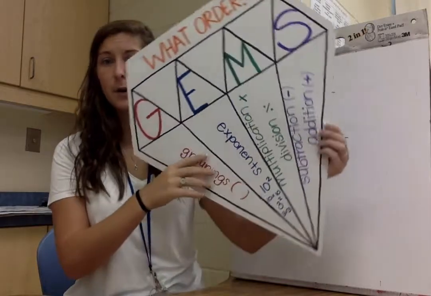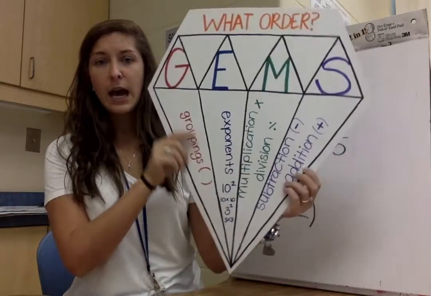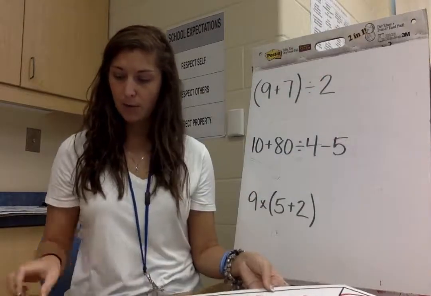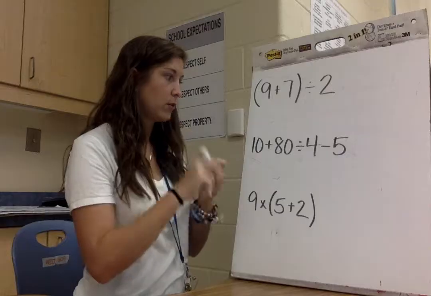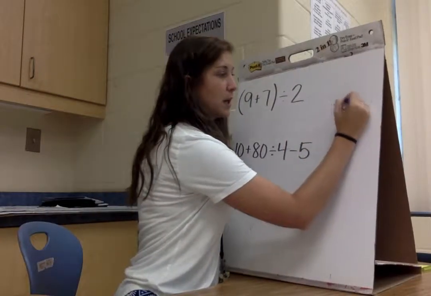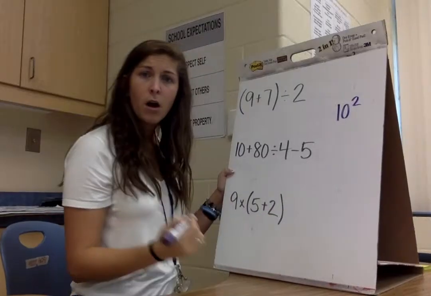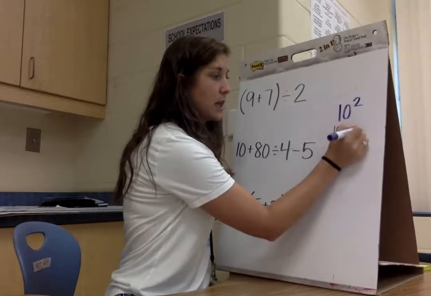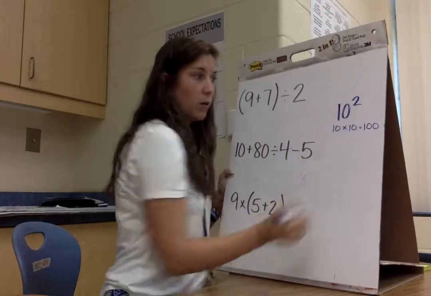E is for your exponents, okay, and I have 2 different exponent operations here that I'm going to write up on my big whiteboard over here just so you can see. Anytime that we have an exponent like 10 to the 2nd power, all this means is that you multiply 10 times 10, and 10 times 10 we know is 100.